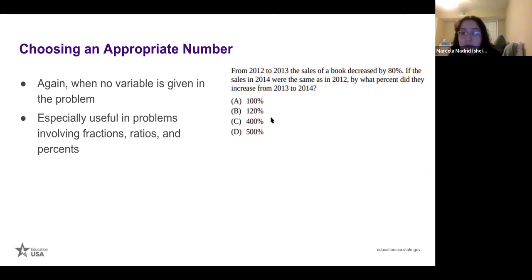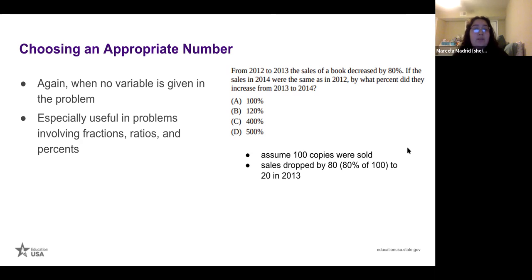So here's how I would have gone about it. So the first one is you're going to assume 100 copies were sold. And when you're working with percent problems, this one's actually going to be the easy number, just because you know that 100%, 100, it's a 1-to-1 ratio. So that means sales dropped by 80, aka 80% of 100, simple, 80 to 20 in 2013.